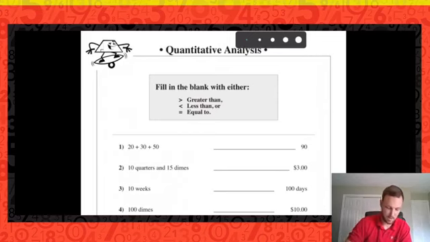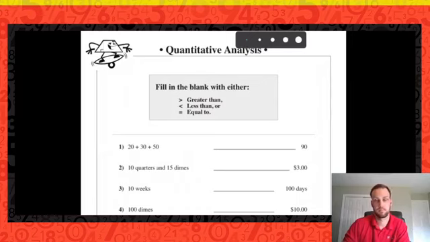If I add those up, do I have more or less than $3? Or is it equal to $3? It's more, exactly. So we're looking at greater than again. Good job. Very nice.